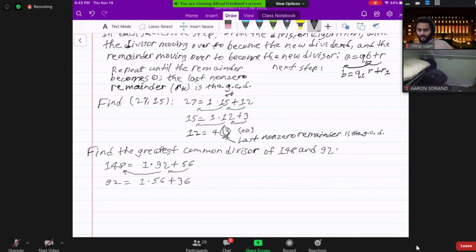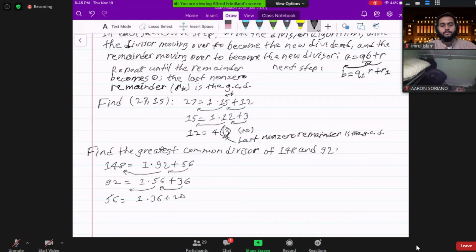Okay, next line, the previous divisor moves over and becomes the new dividend, and the previous remainder becomes the new divisor. So something times 36, 72. Okay, so we can see this is going to be 1 again, plus 36, 46, 20.